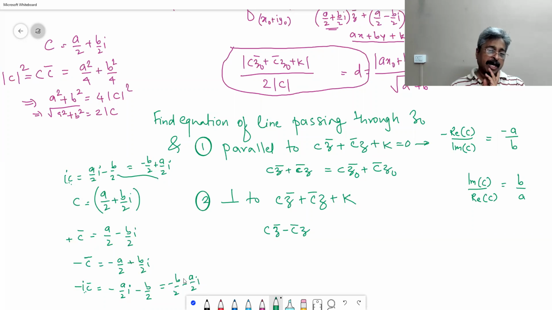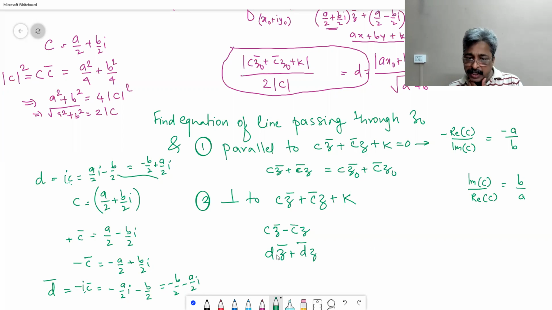So these two are conjugates of each other. Therefore, I will call this D and I will call this D bar. Then my equation will become d z bar plus d bar z plus constant is equal to 0.